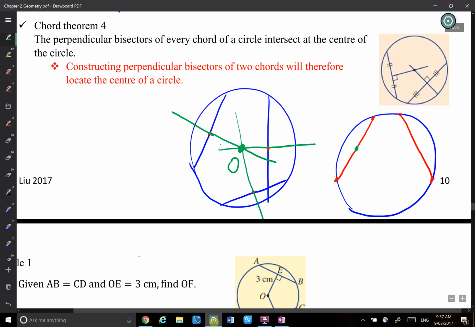You have rulers, right? You use the ruler to find the middle, and then draw perpendicular lines. We'll draw perpendicular lines like this.